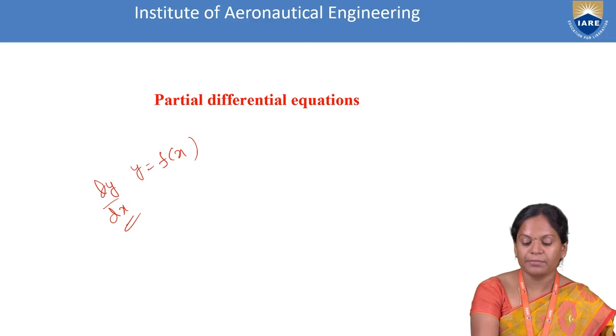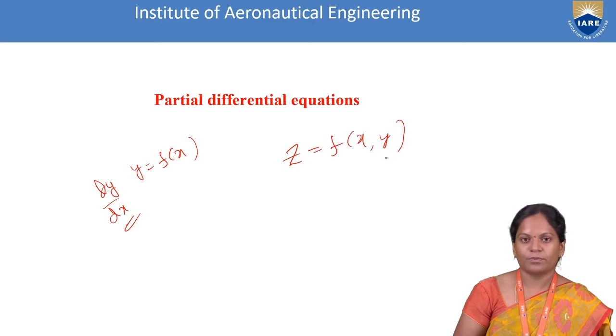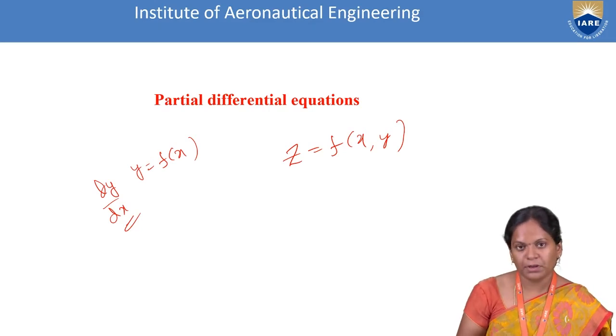For example, I am taking the function z equal to f of x comma y. In that, x and y are independent variables. Suppose we have an equation with z related to x and y. Give some values to x and y, and z will automatically change. So z depends upon the x and y variables.